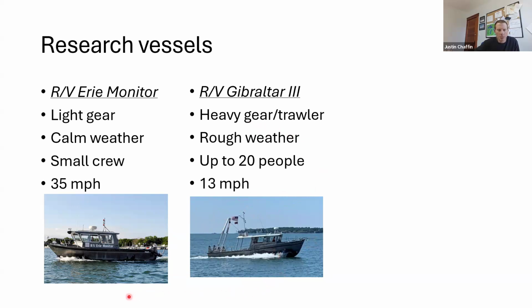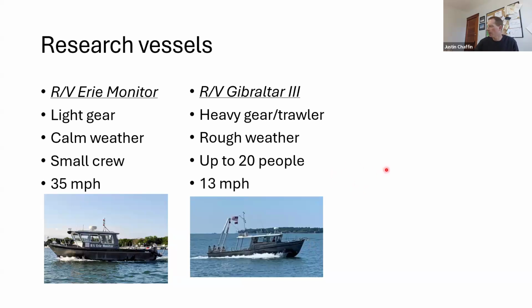For the transect to Maumee Bay, or if we do one into Sandusky Bay, depending on the number of people that want to go on the transect and the weather, we could take either boat. We've had many groups that use the Gibraltar 3 to go into Maumee Bay and back for the day. It's just a long day on the boat.